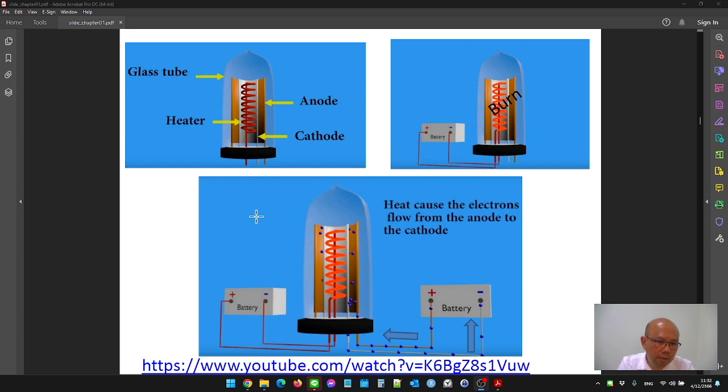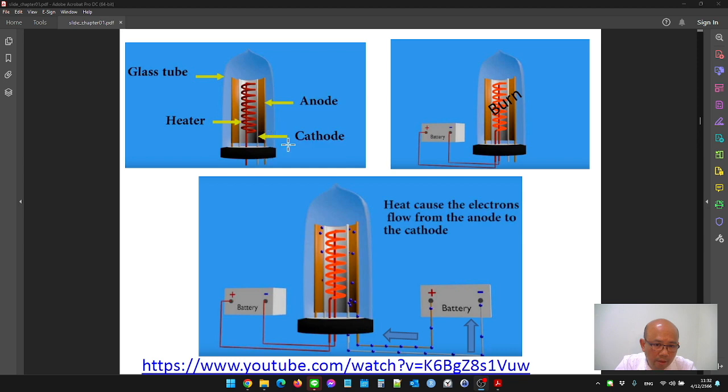The next picture I show you is inside the vacuum tube. The cut picture of the vacuum tube, in a 3D simulation, has the heater, that is a tungsten coil, and has a plate.